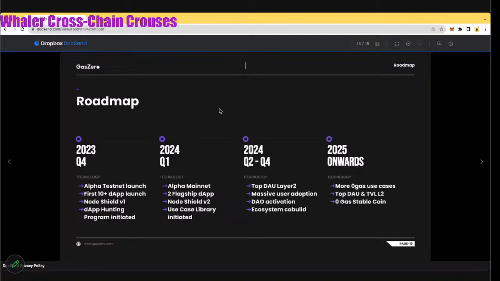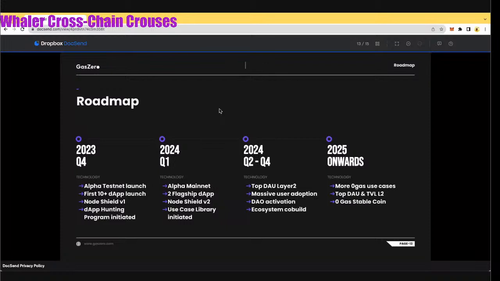And in the future, in Q2 to Q4 2024, we want to be top in daily active users on layer 2. We will have already launched our coin by that time.